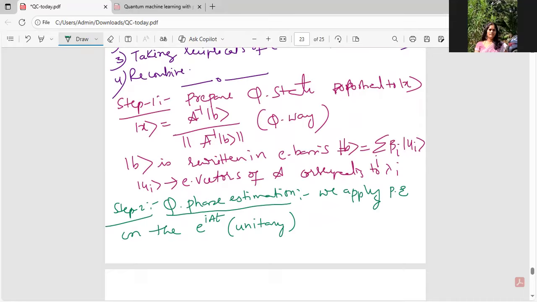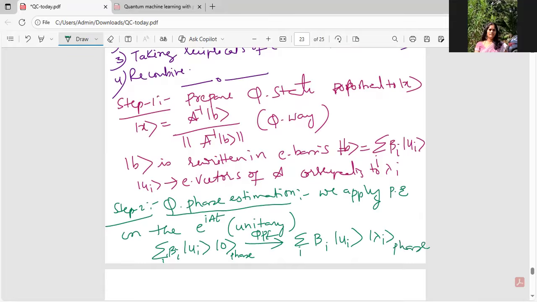Summation i, beta i, ket ui, I am applying this on the phase ket 0, applying quantum phase estimation. After quantum phase estimation, what happens? Beta i, ket ui, lambda i in the phase register is what I will get.